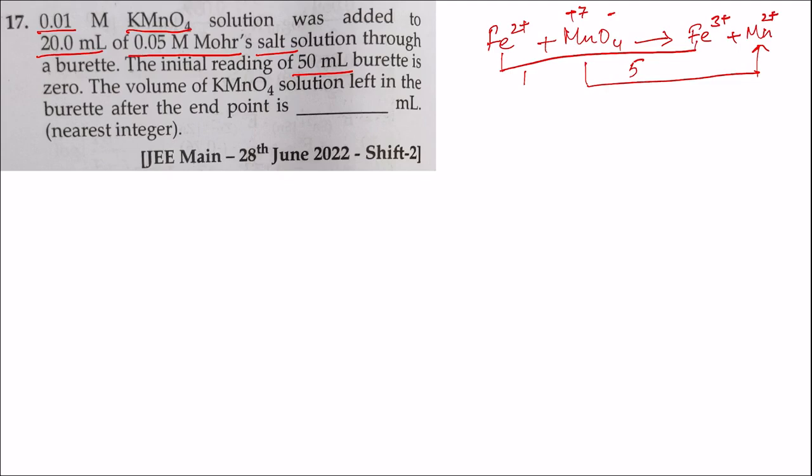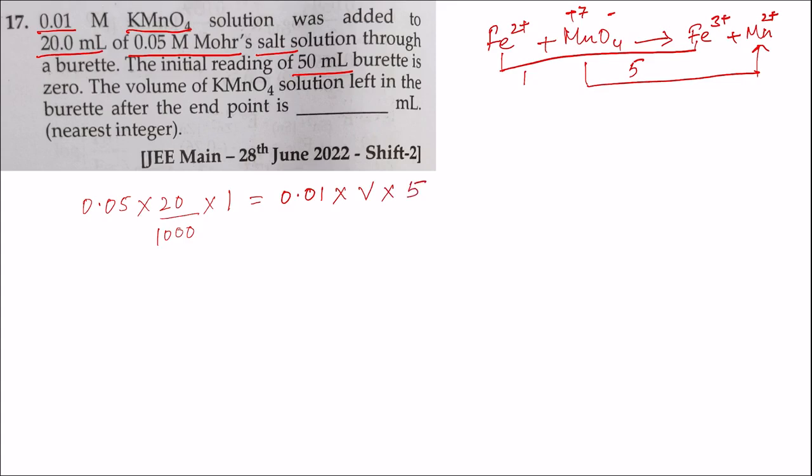Now, applying the formula, molarity of Mohr salt, that is 0.05, multiplied by volume of Mohr salt in liters, that is 20 by 1000, multiplied by valency factor of Mohr salt, that is 1, is equal to molarity of KMnO4 solution, that is 0.01, multiplied by volume of KMnO4 solution, which is not given in the question, let it be V, multiplied by valency factor of KMnO4, which is 5.